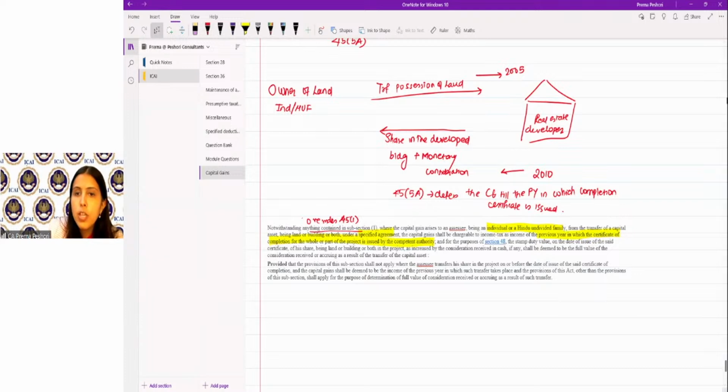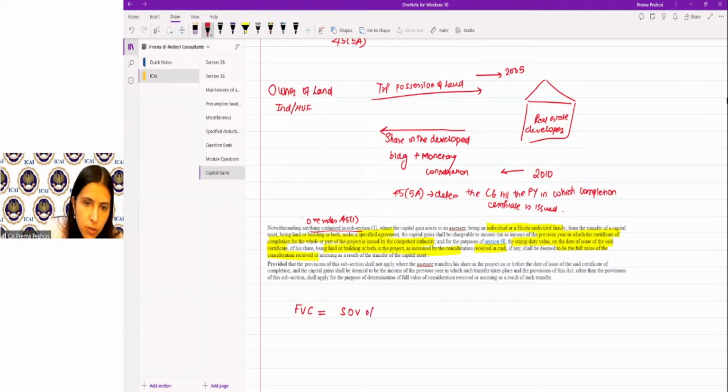And then it says, for the purposes of section 48, the stamp duty value on the date of issue of the said certificate of his share, being land or building or both, as increased by the consideration received in cash, shall be deemed to be the full value of the consideration received or accruing as a result of the transfer. So, what will be my full value of consideration here?